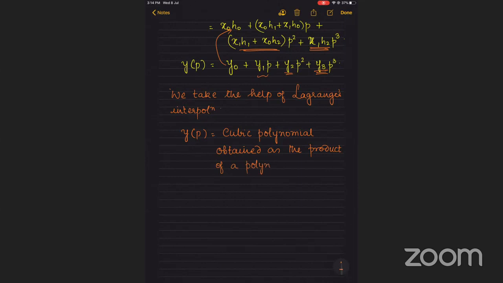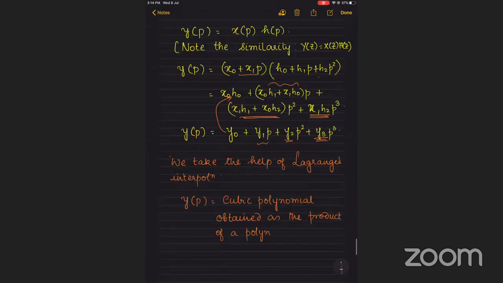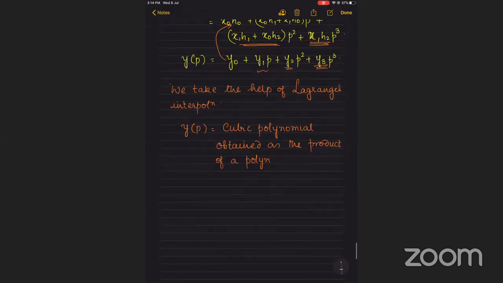Is that right? That is what we had here. Degree 1 polynomial and a quadratic polynomial.